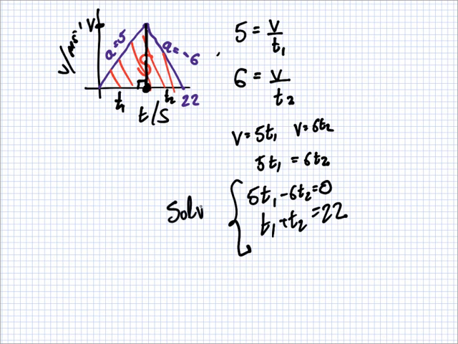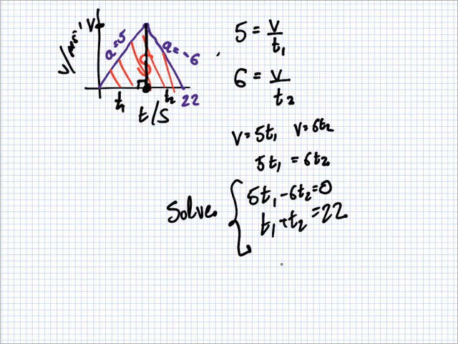You could solve this, couldn't you? And if you solve this and figure out T1 and T2, then you can figure out V easily, and you can figure out whatever you want. I don't think I'll continue because the rest is kind of straightforward.